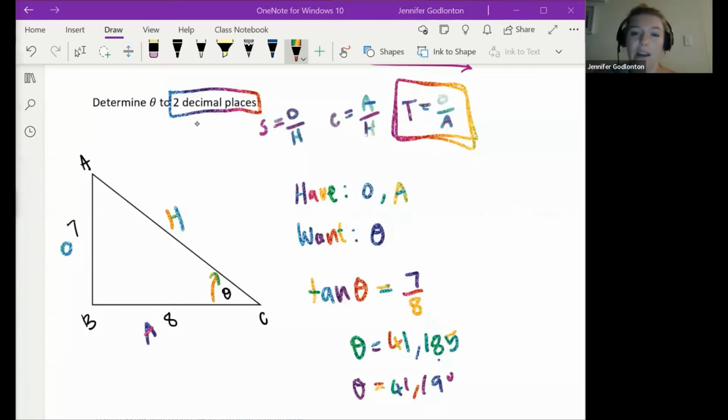In the last one we're using sine. Sorry, my cat is joining us for this lesson today. I'm sorry, guys. If we were using cos, then my hypotenuse would be at the bottom and my adjacent would be at the top. But because we're using tan, my opposite is at the top and my adjacent is at the bottom. This was my opposite and that was my adjacent. So it depends on which trig ratio we're using. Thank you, ma'am.